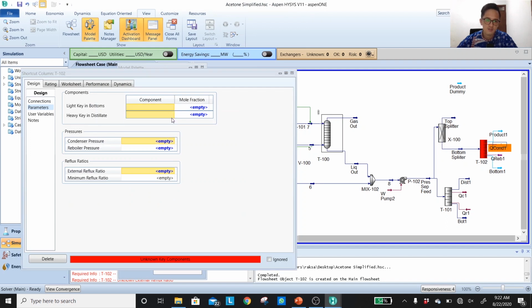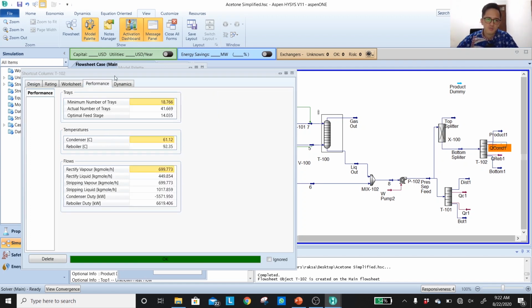The heavy key in distillate would be the IPA, and the light key would be the acetone. Put the same number as the previous shortcut column. The pressure, let's keep using the same pressure. Minimum reflux is already 1.5, so give another 20%, which would be around 1.8, I guess.